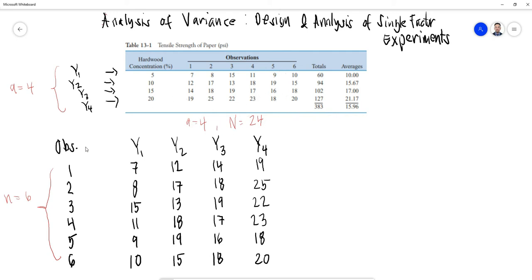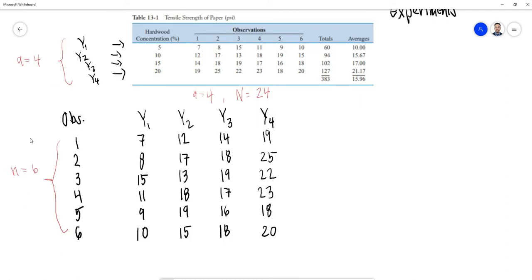You have noticed that I have arranged this table by hardwood concentration, represented by y sub 1 in the first column, y sub 2, y sub 3, and y sub 4. First step is to create additional columns: y sub 1 squared, y sub 2 squared, y sub 3 squared, and y sub 4 squared.